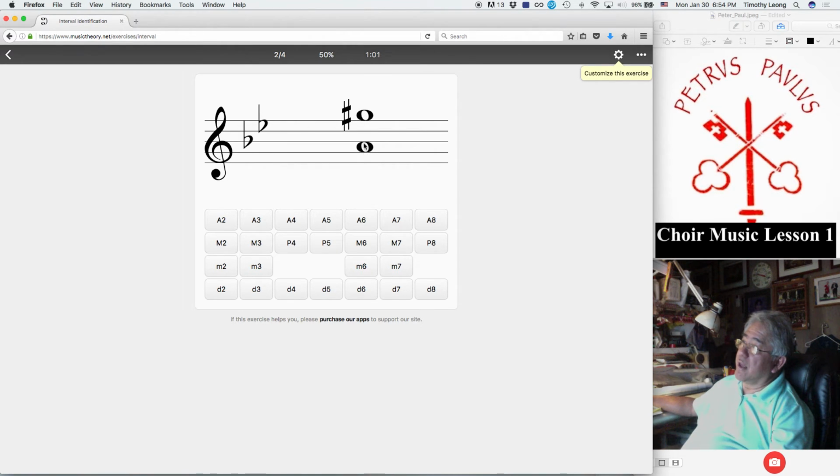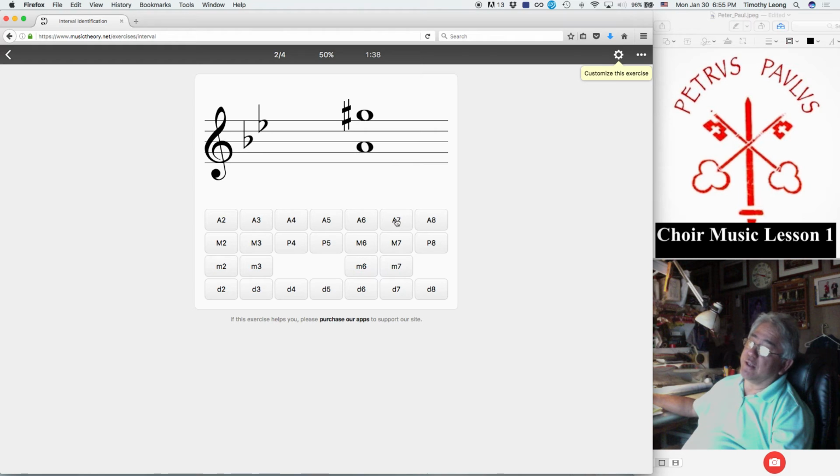Okay, and this is a very interesting one. 1, 2, 3, 4, 5, 6, 7. 7 notes apart. Again, this A, this is G, so A, B, C, D, E, F, G. So that's 7 notes apart. But it's not exactly 7 notes apart because it's got a sharp. So it's an augmented 7.